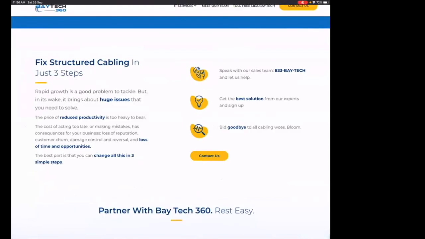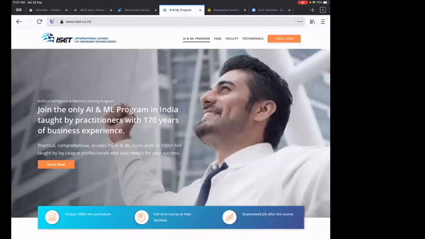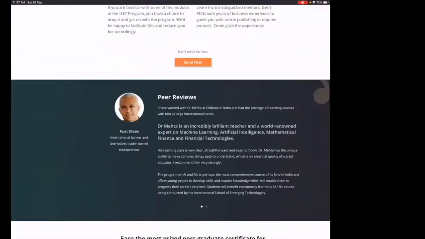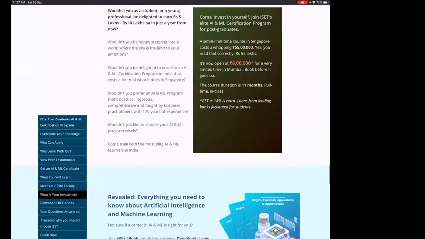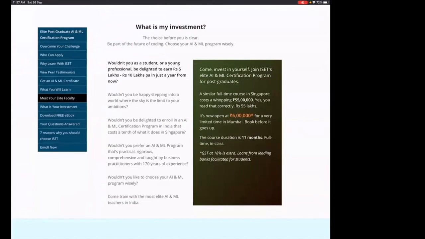So this is how we bring contrast in. Now I'll show you a different site where price is mentioned. Now here you have contrast with the price.